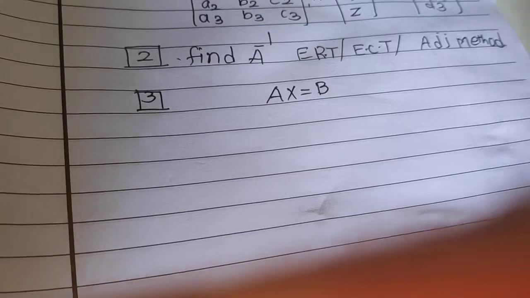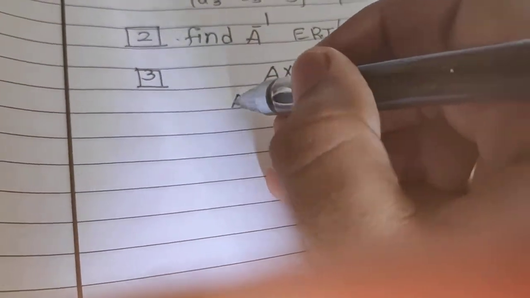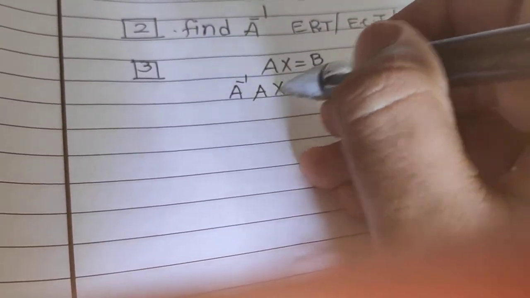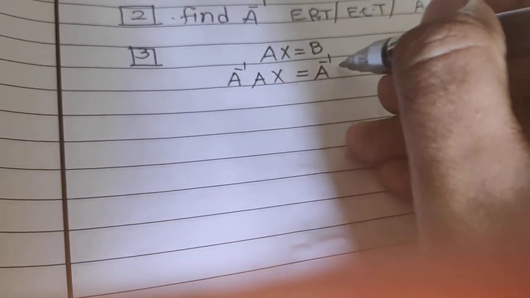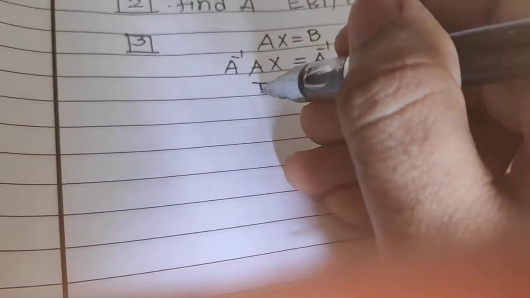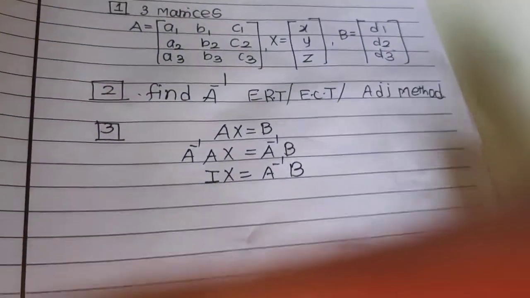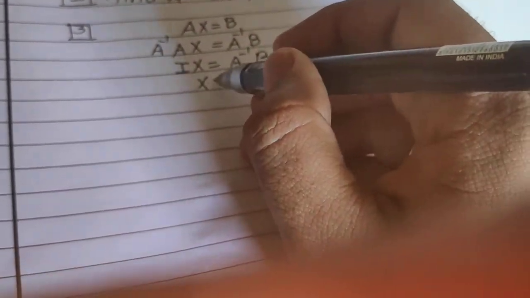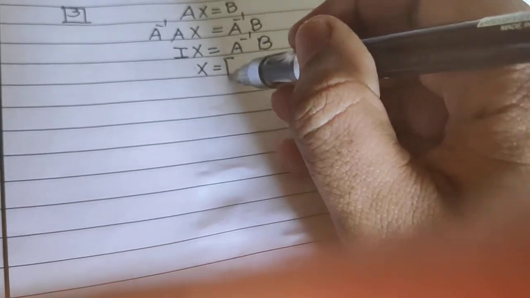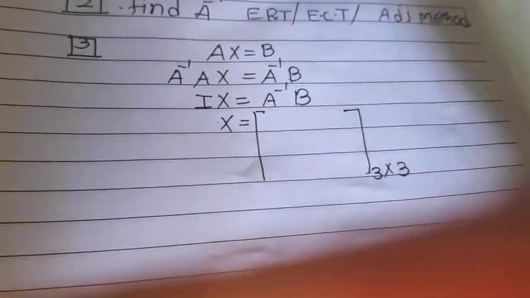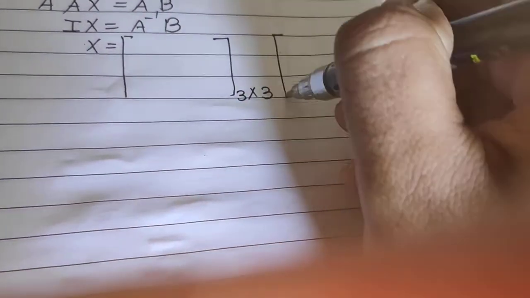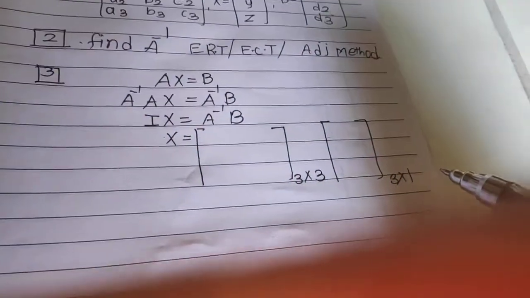Pre-multiplying the equation by A inverse, that is A inverse into A into X equals A inverse into B. This is I into X equals A inverse into B. All of us know that I into X can be written as X. A inverse is of the order 3 cross 3, and B is the matrix of order 3 cross 1.